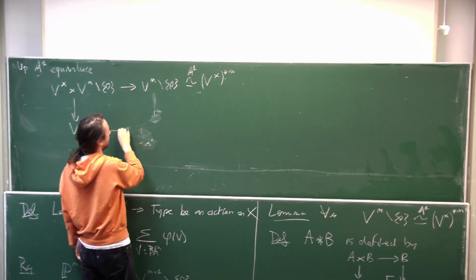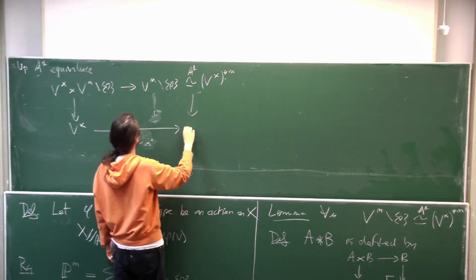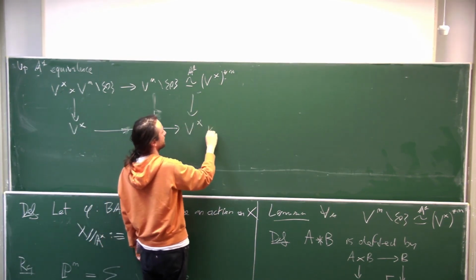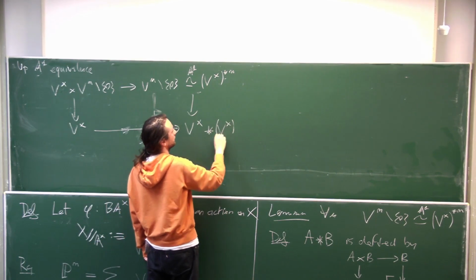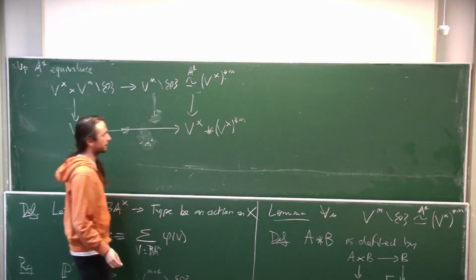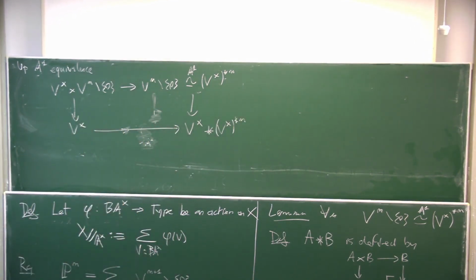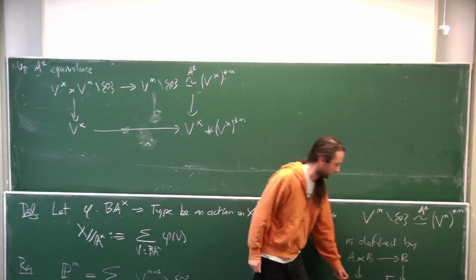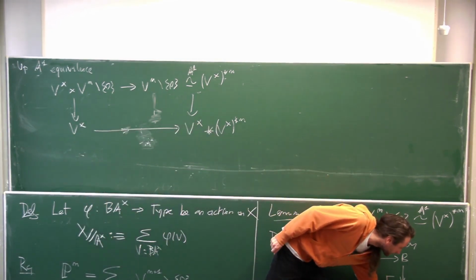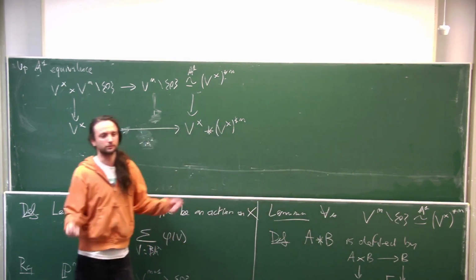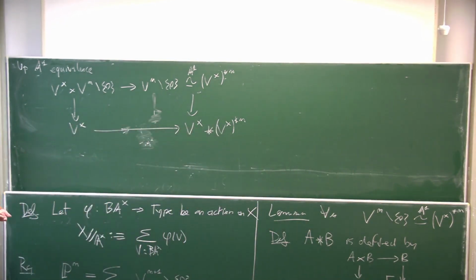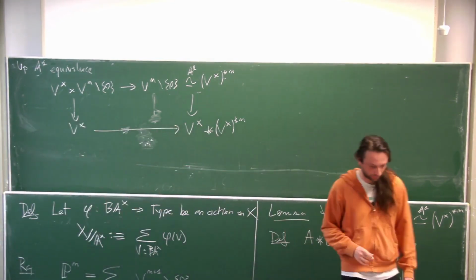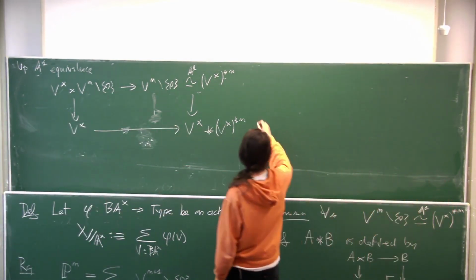And so here I get the join V times n times. And so what that means is that up to A1 equivalence, I have that this is indeed the n plus 1 iterated join here.